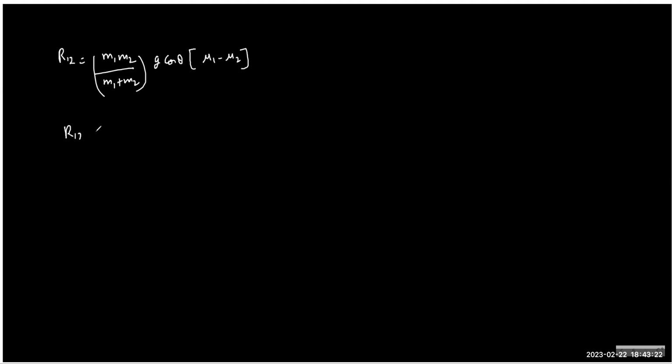I could have written it as mu g cos theta into k1 minus k2, because reduced mass we write with the mu symbol, and I can replace k1 and k2 for mu1 and mu2 respectively. That's so it will not confuse you. But anyway, you can design your own way of writing.